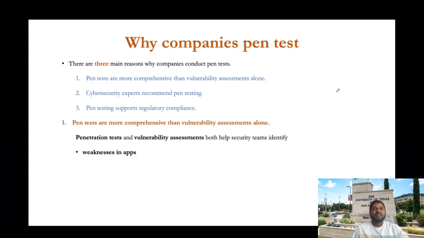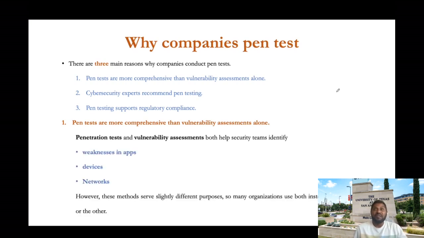First, penetration tests and vulnerability assessments both help the security teams of any organization to identify weaknesses in their apps, devices and network infrastructure. However, these methods serve slightly different purposes.